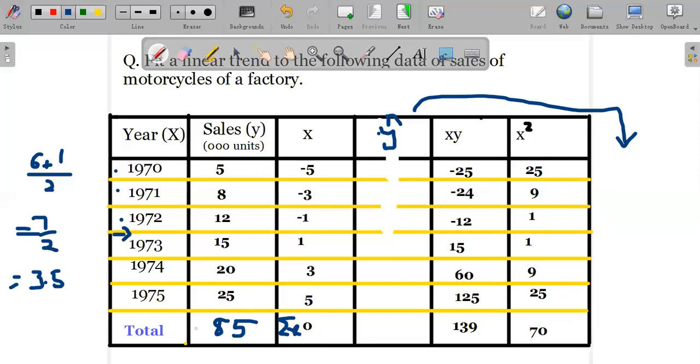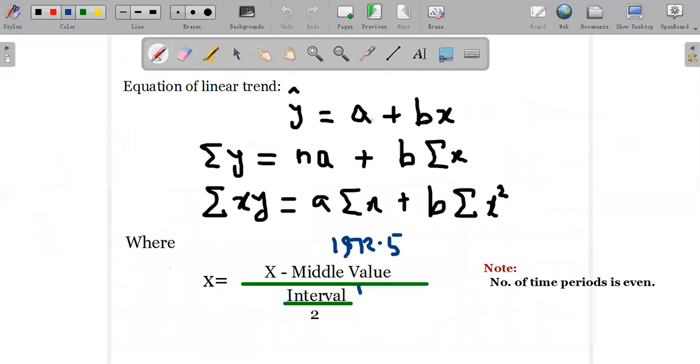This is summation y. This is summation xy. This is summation x square. You plug in here in these equations.